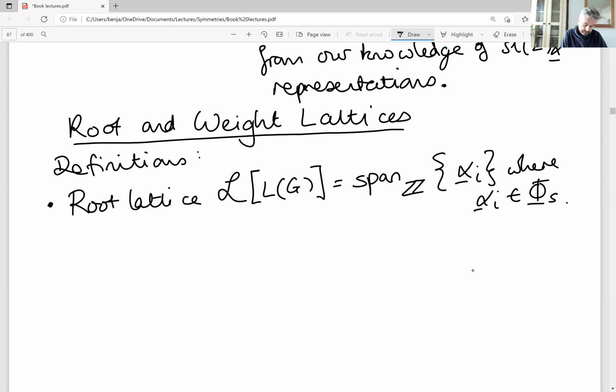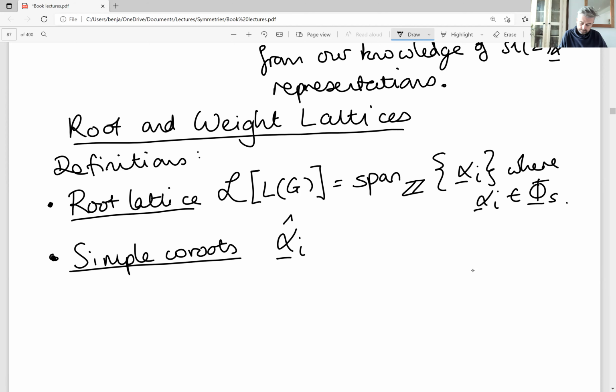And then we have normalized roots, which are called simple co-roots. These are written with a caron. That's a definition. And this is just a simple root times 2 over the length of the simple root squared.